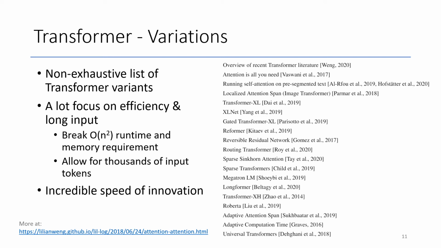And if you look at the year values in each citation here, you can see that the speed of innovation is incredible. And if you work on an improvement to the transformer architecture, the chances are very high that someone else is doing almost the exact same thing and will publish before you. So there's an incredible rush going on at the moment.